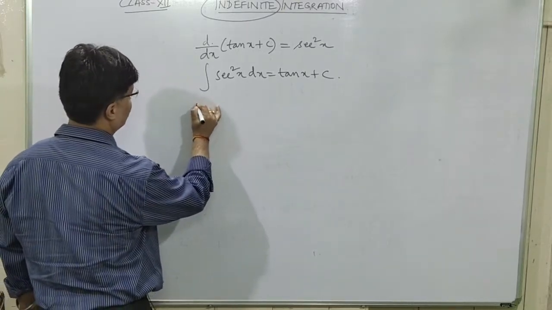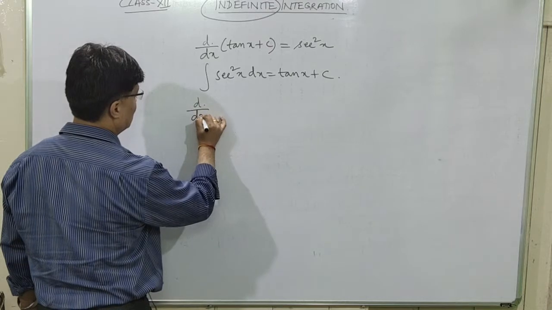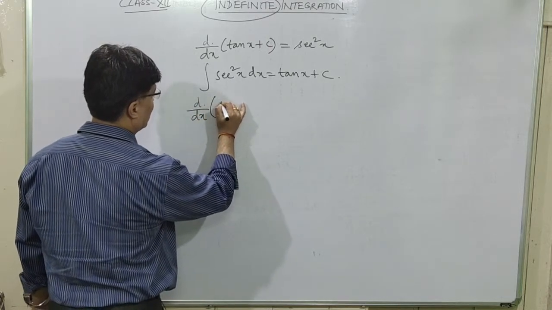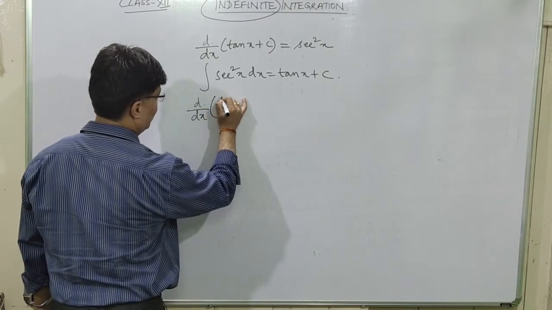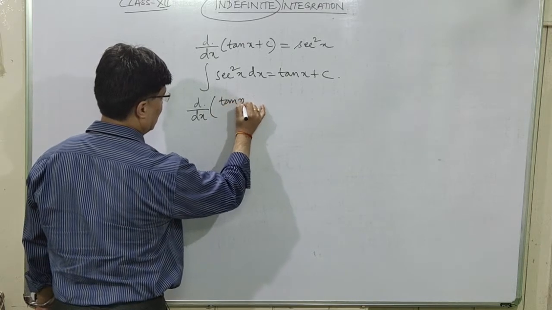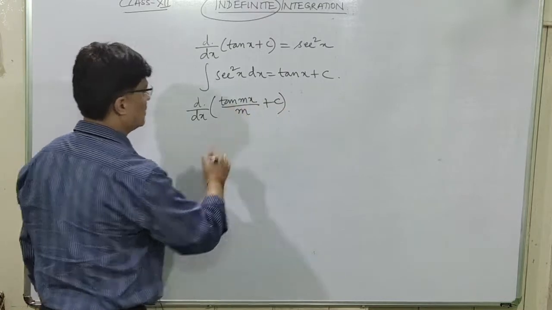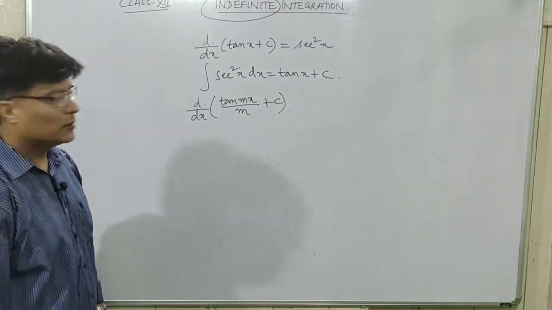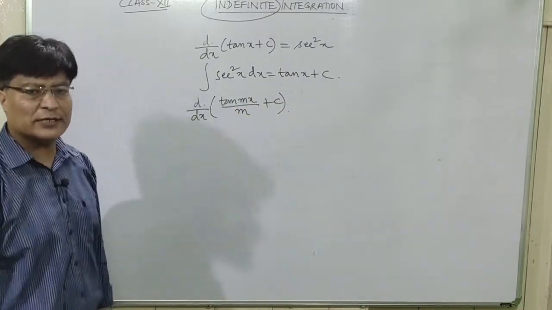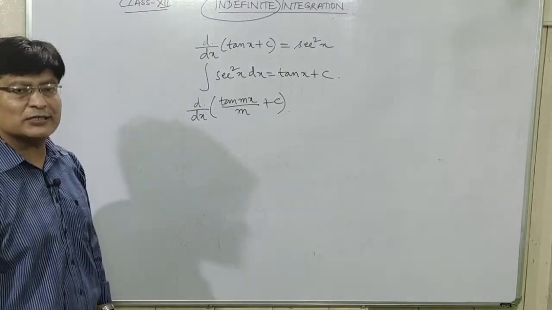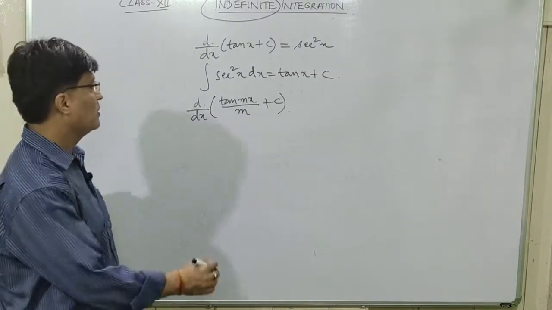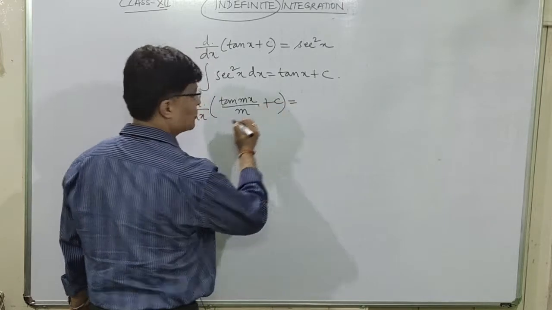Suppose you have dy dx of tan mx divided by m plus c. Suppose you have to get the differentiation of tan mx divided by m plus c. Okay, so what is this differentiation equal to?